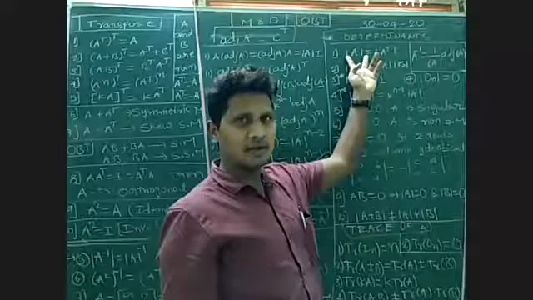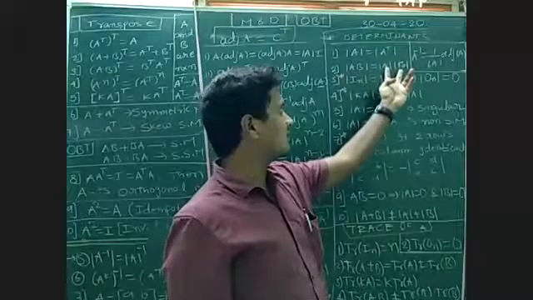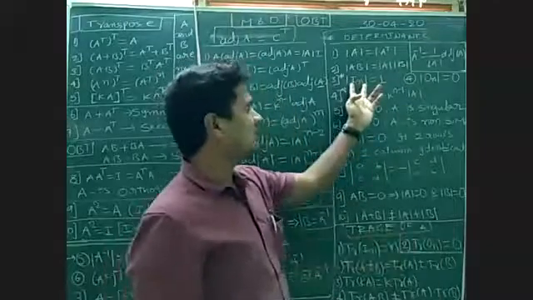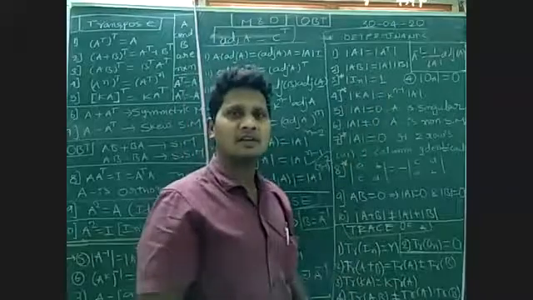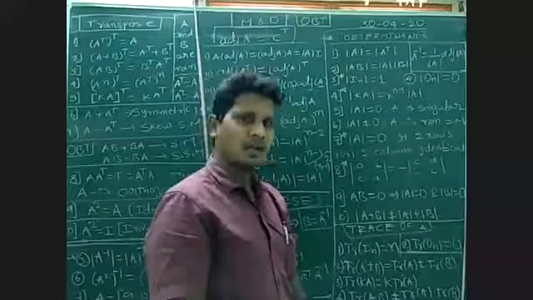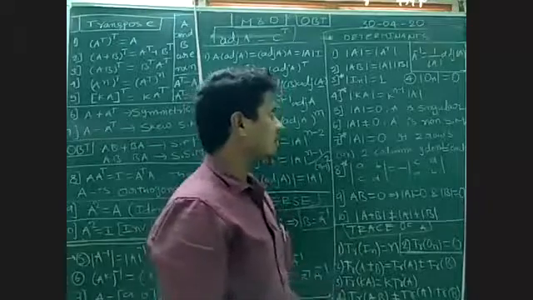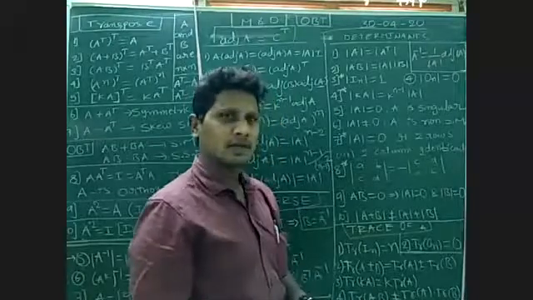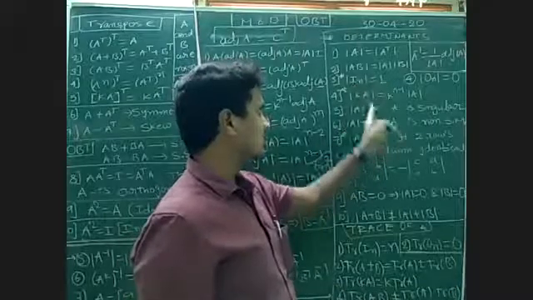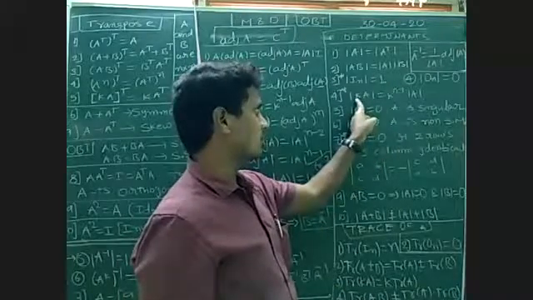That's enough. And det of AB is equal to det of A into det of B. And for the identity matrix, the determinant is always one only. You can take any identity matrix, 2 by 2, 3 by 3, 10 by 10, whatever it is, that value is always 1.